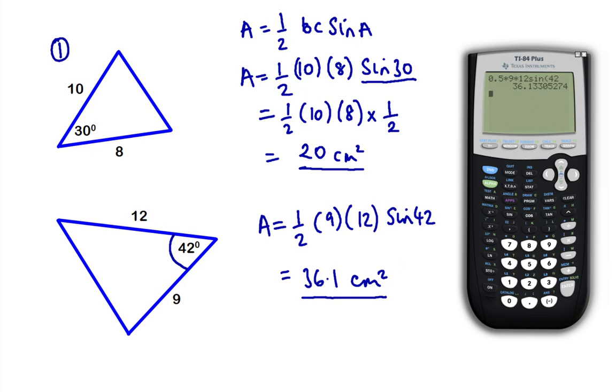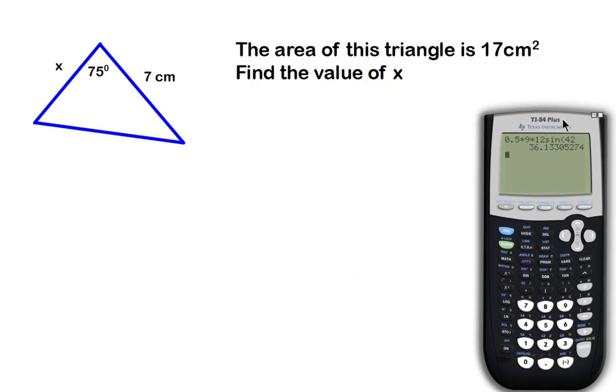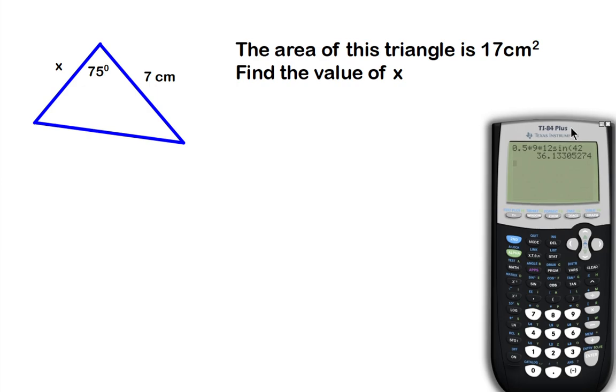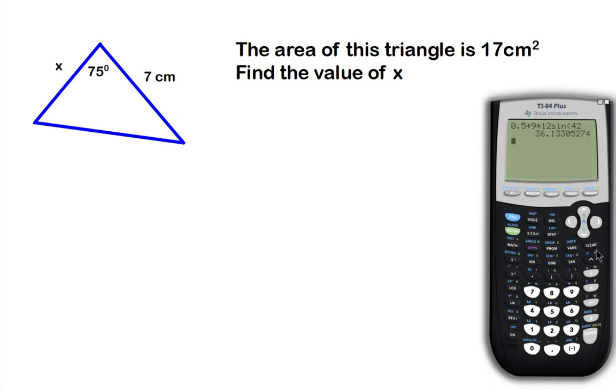Okay, one last question. It says the area of this triangle is 17 centimetres squared. Find the value of x. So this is kind of like a reverse question. So let's use the formula again. Okay, so we don't need to worry which letter is which necessarily, because we know we've got an angle and two sides either side.